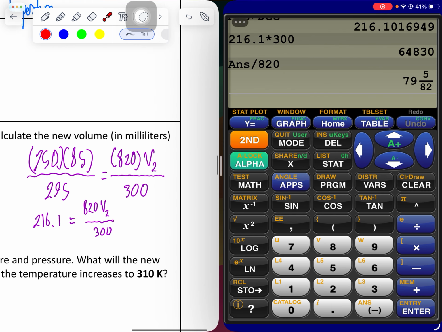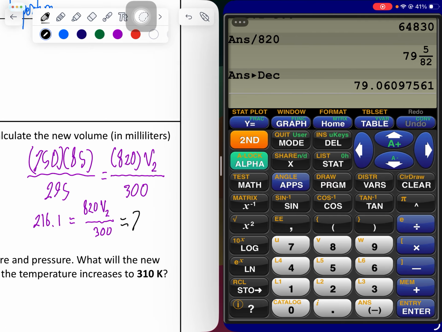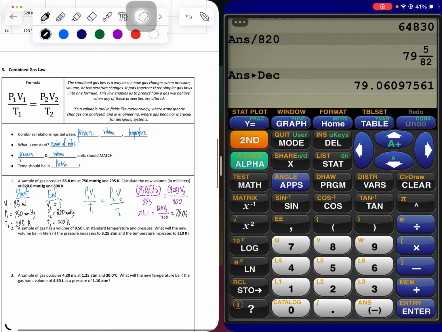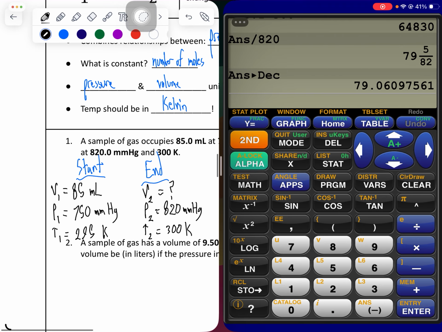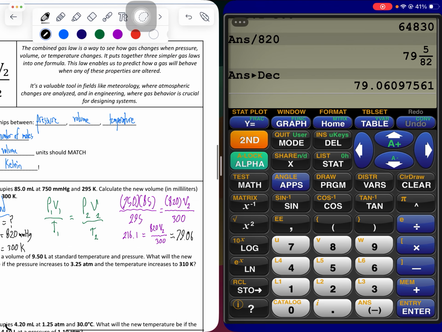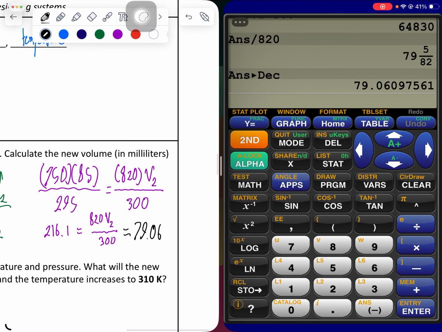And we are left with our answer right here, which would be, again, let's get this as a decimal, 79.06. Now, units are important. We started with a volume in milliliters. That means our volumes have to match. So our ending volume is also in milliliters.